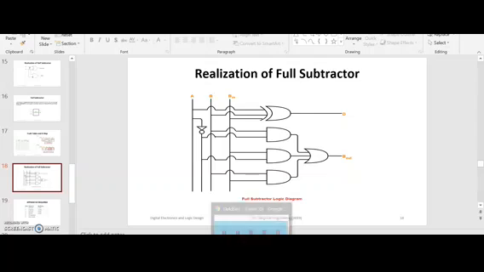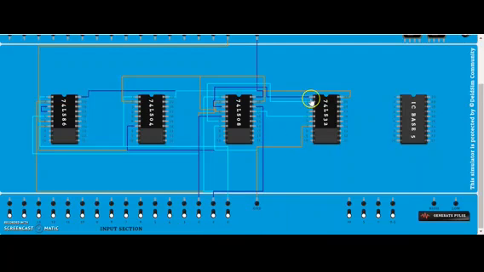So to get that output, to combine all 3 AND gates with the OR, we have to connect this pin number 3 to this pin number 4, this 3 to 4.